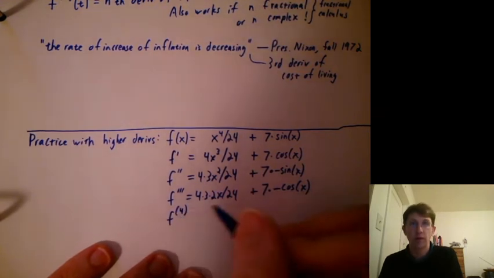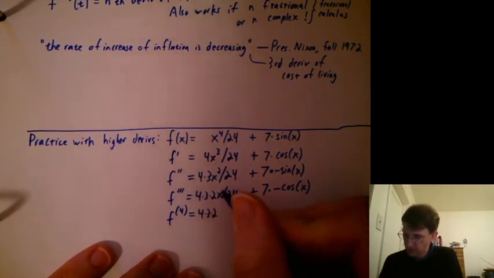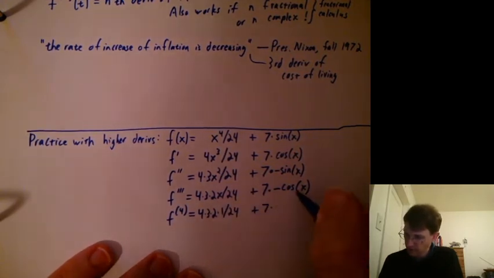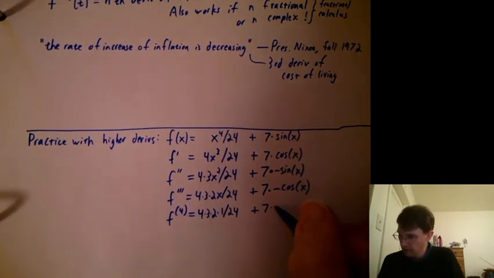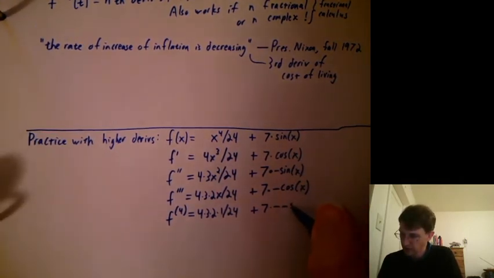Here's where we usually drop into super-prime notation. It'd be 4 times 3 times 2, and what's the derivative of x? The derivative of x is 1, divided by 24, plus 7 times, what's the derivative of negative cosine? Well, I can keep the negative there because it's just times negative 1. And then what's the derivative of cosine? It's negative sine.